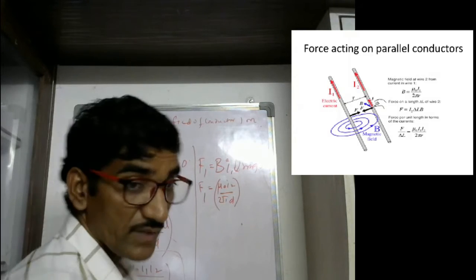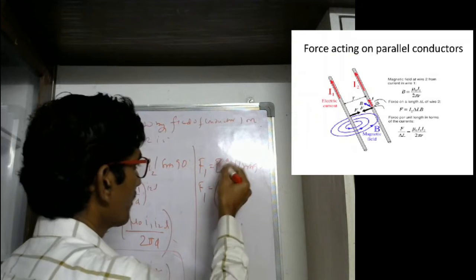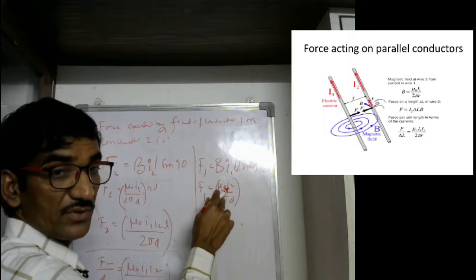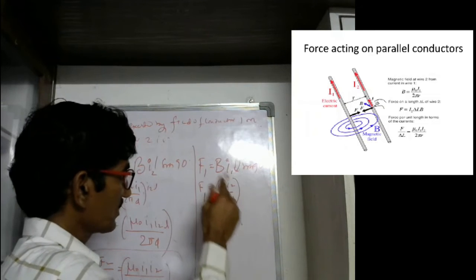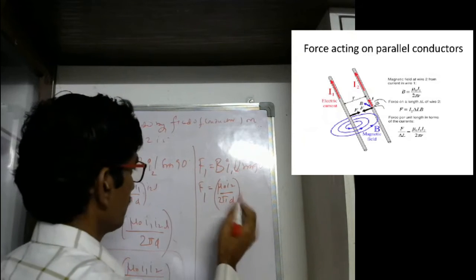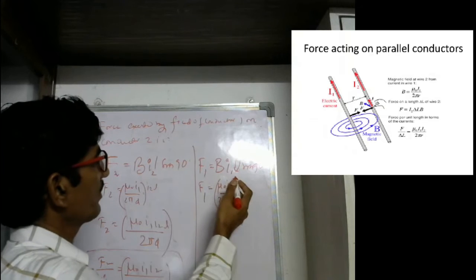Now what you have to write for B? Here, instead of I1, you have to write I2, because the current in conductor 2 is responsible for this field at conductor 1, 2 pi D. Instead of I1, I am writing here I2. Instead of I2, here I am writing I1.